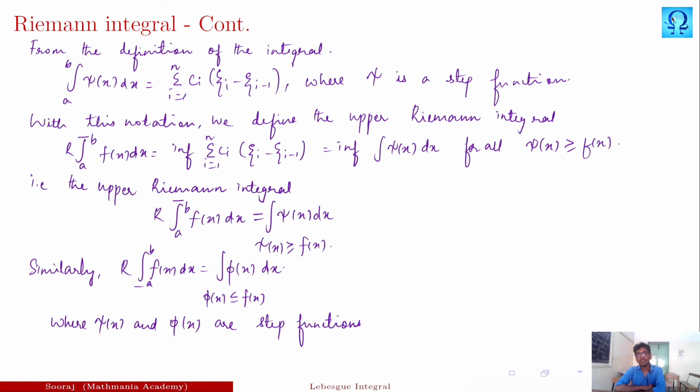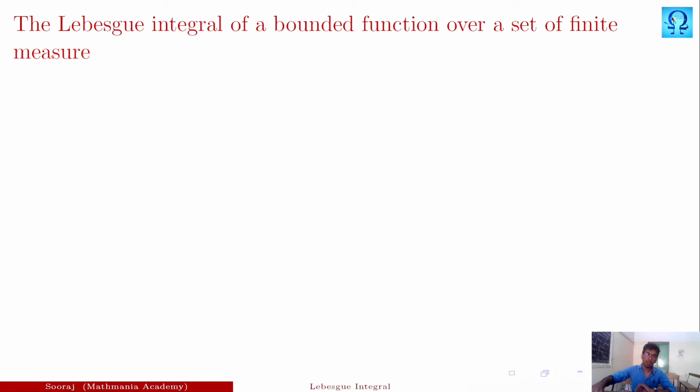Then with the help of the step functions, one can write the upper and lower Riemann integrals. That is what is given here. Identifying this step function would be of great use when we extend things from Riemann's approach to Lebesgue's approach.